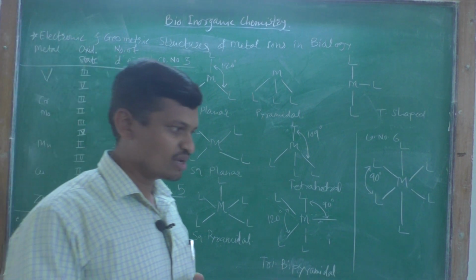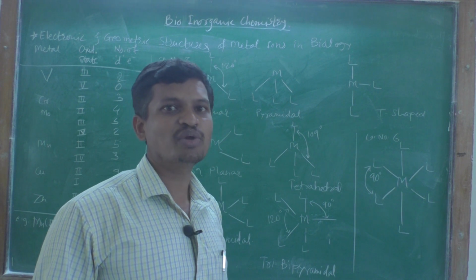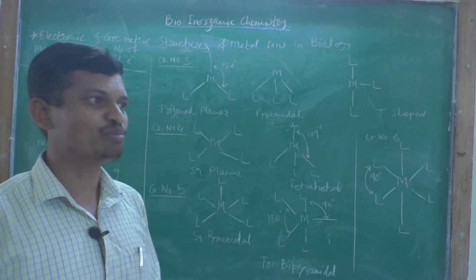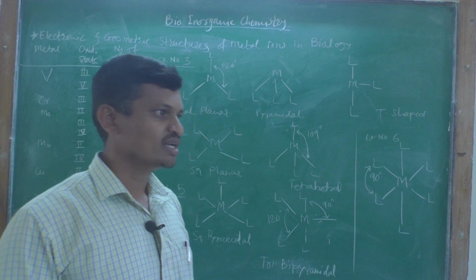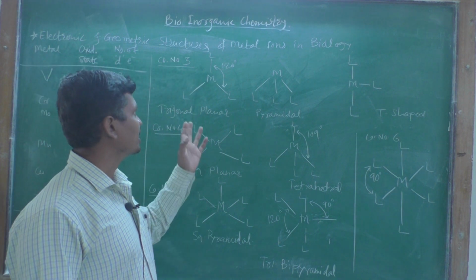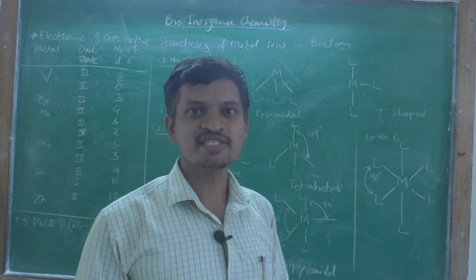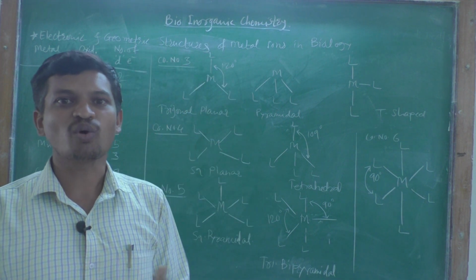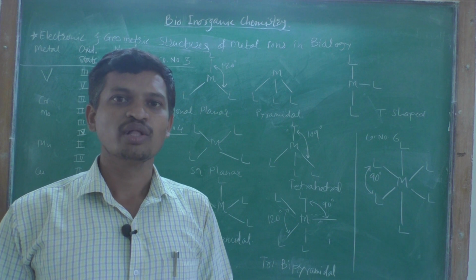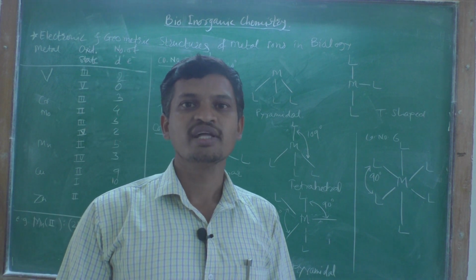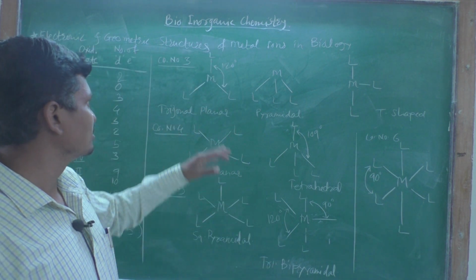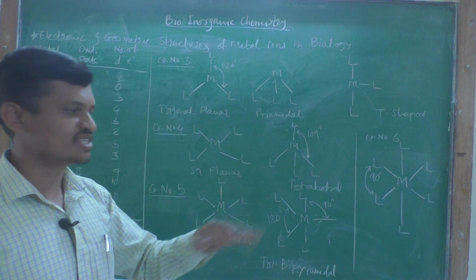Now, in these metal complexes which are found in biology, or which we study in bioinorganic chemistry, different metals have different ligands with different coordination numbers. Mostly the coordination numbers are 3, 4, 5 and 6.